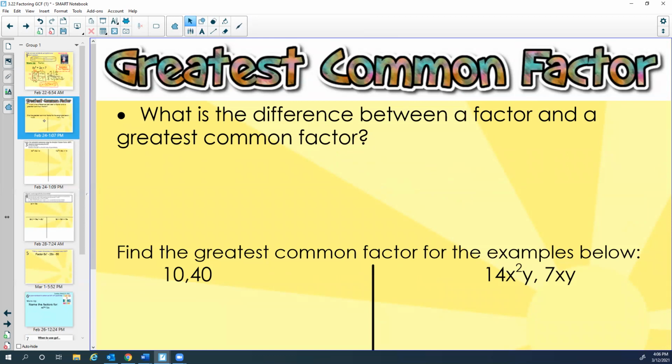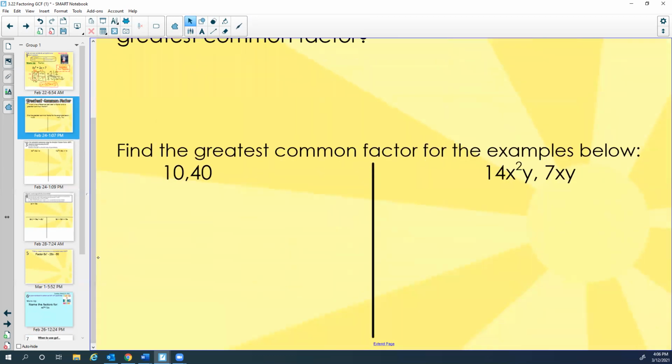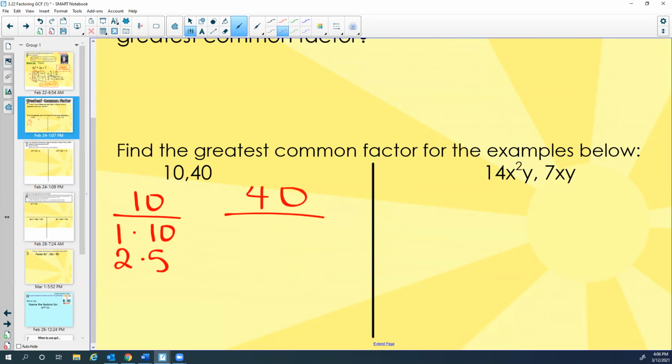So for instance, I got the numbers 10 and 40. Well, the factors of 10 are 1 times 10, I have 2 times 5. The factors of 40 are 1 times 40, I have 2 times 20, I have 4 times 10, there is 5 times 8.